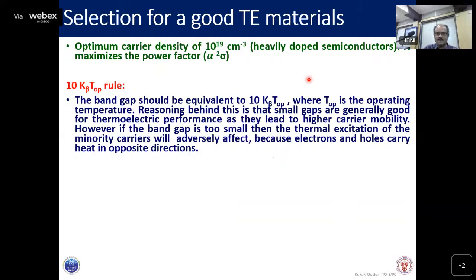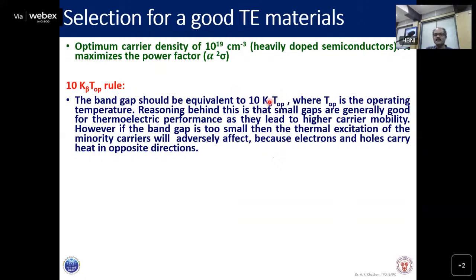Now, carrier concentration means the number of electrons present in the conduction band or the number of holes present in the valence band. The next important parameter is the band gap. For a good thermoelectric material, the band gap should typically be equal to 10 kT, where T is the operating temperature.